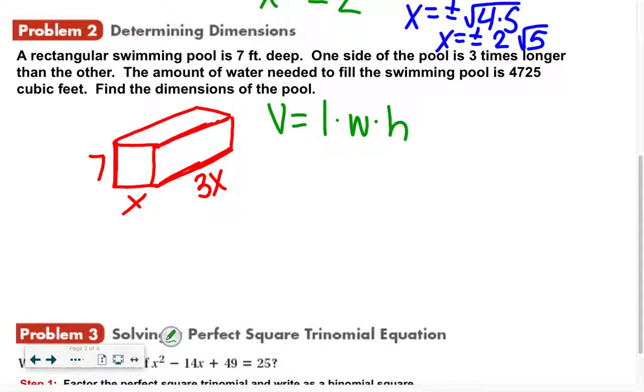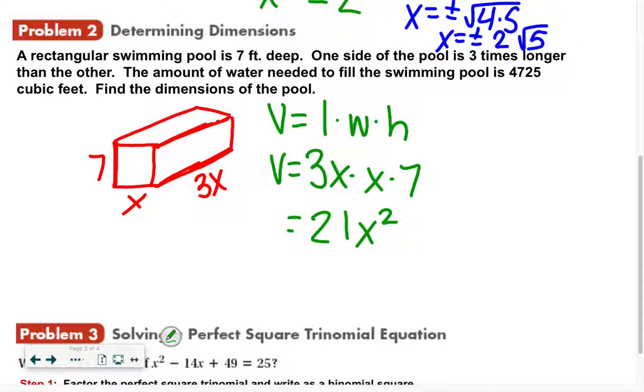What's the length of my rectangular prism, my pool? 3x. What's its width? x. What's its height? 7. I'm going to simplify the right-hand side. What's 3 times 7? 21. What's x times x? x squared. So that's my volume simplified.